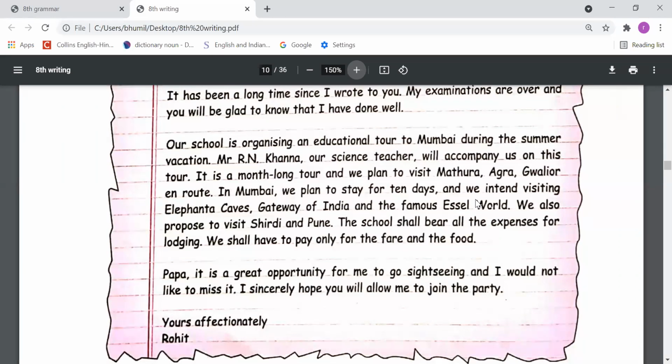We also propose to visit the Shirdi and Pune. So the Shirdi and Pune, they will also go. The school shall bear all expenses for lodging. We shall have to pay only for the fare and the food. Now he is saying that we will pay only for fare and food, rest of things school will pay.